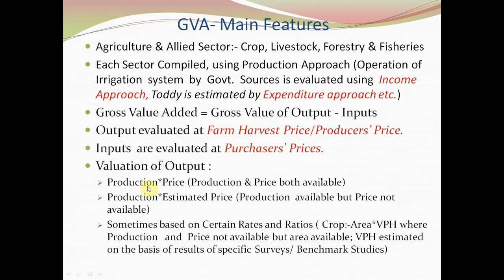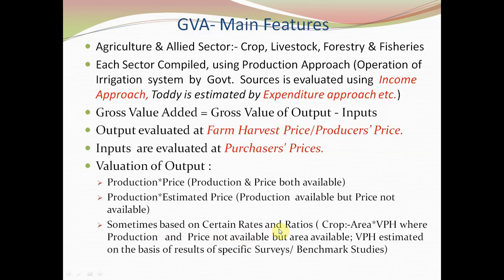Production is the total quantity and price is for per unit of quantity, where production and price both are available. If production is available but price is not available, then we calculate valuation of output as production into estimated price. Further, we will discuss where the estimated price is taken.